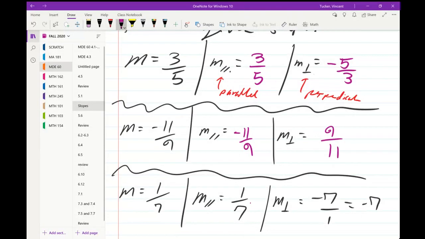Hold on, let me check one thing before we close out. Because we may not have to graph using our slopes.